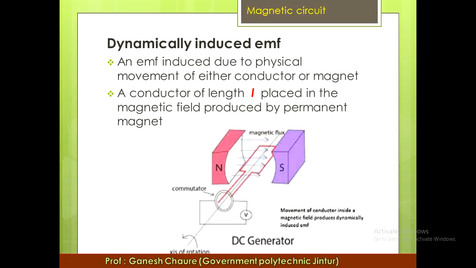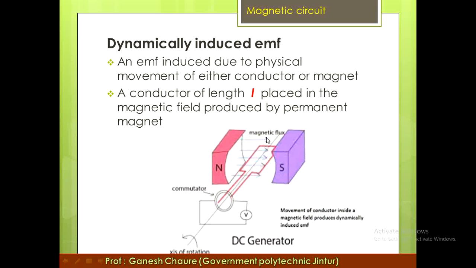Consider a conductor of length L placed in the magnetic field produced by a permanent magnet. See here, there are N and S poles, which means this is a permanent magnet. In the permanent magnet, the coil having length L is placed, and the magnetic field goes from the N to the S pole.